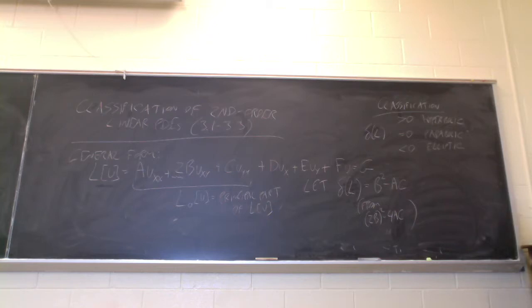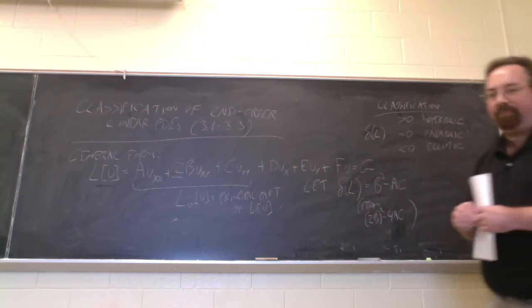But once you've classified a PDE, what we really want to do is try to transform it. So that's the real goal, to transform it into a simpler form. But the thing is, how do you know what simpler form you can transform it into? That's why you need the classification.